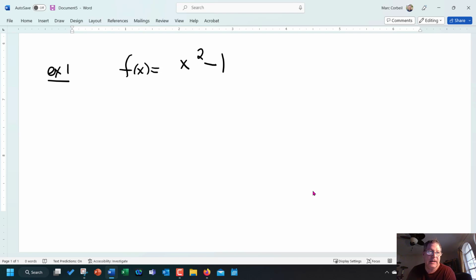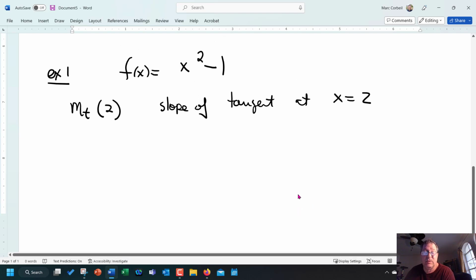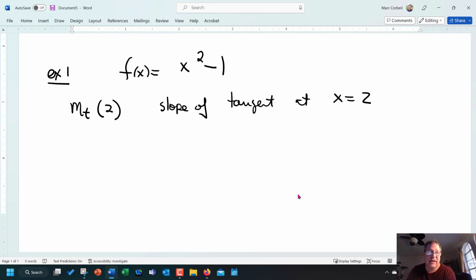Let's say, let's find the slope of the tangent line at x equals 2. And we'll use our definition of derivative because at this point that's what we've got. So when we do that, we'll have to write our definition down.